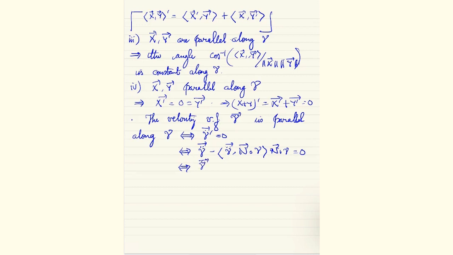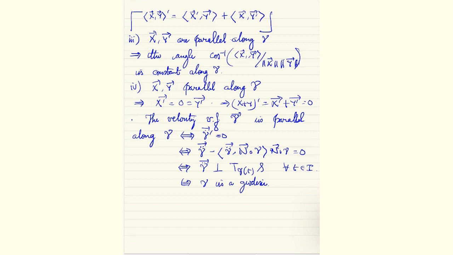So if and only if the acceleration is normal to the surface. So this, of course, means gamma is a geodesic. You've seen that the velocity vector field is parallel along the curve if and only if it's a geodesic.